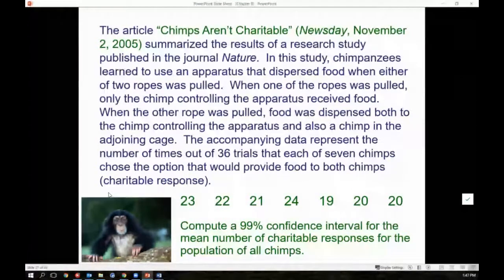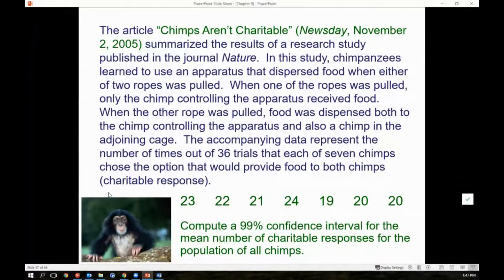Compute a 99% confidence interval for the mean number of charitable responses. So let's put these values into L1 in our calculator and get the mean and sample standard deviation. There's 7 values.